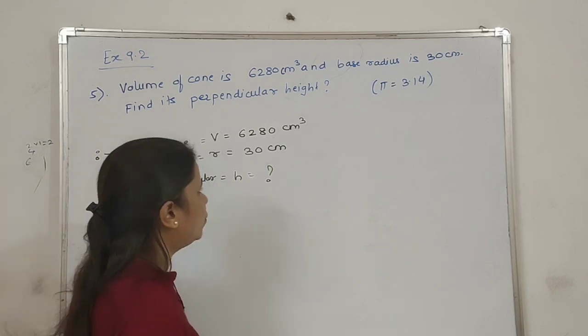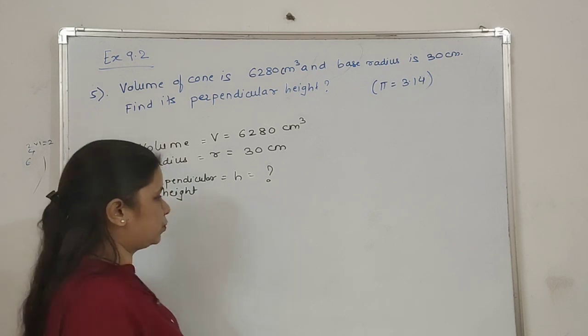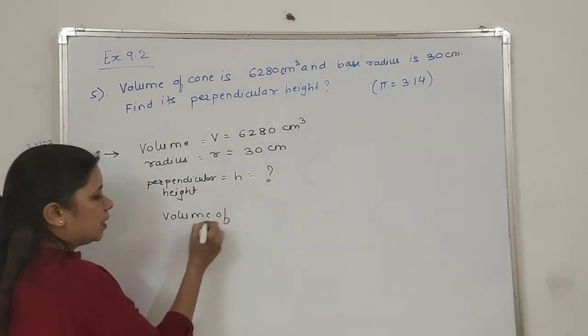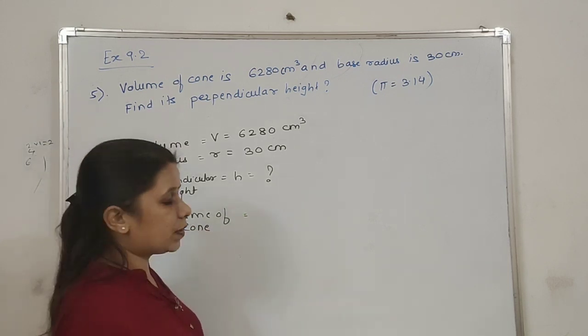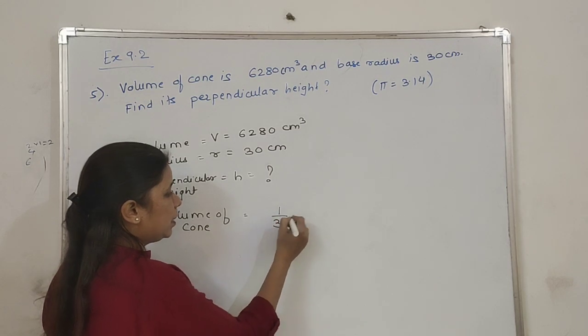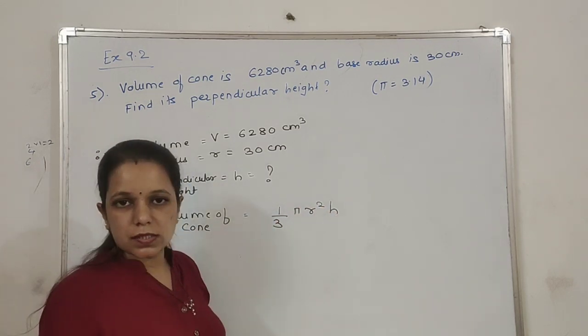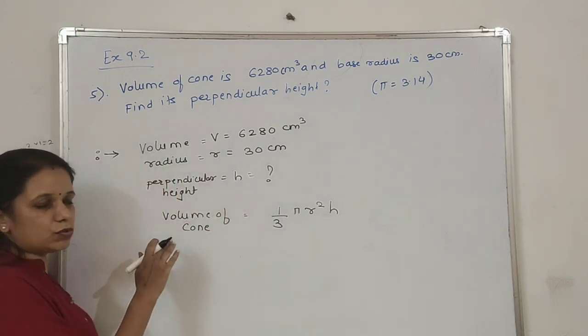Okay, now directly we will use the formula for volume of the cone. We have done the formula previously also. Volume of cone is given by the formula 1 by 3 pi r square h. Simple and direct formula. We will just substitute the values.